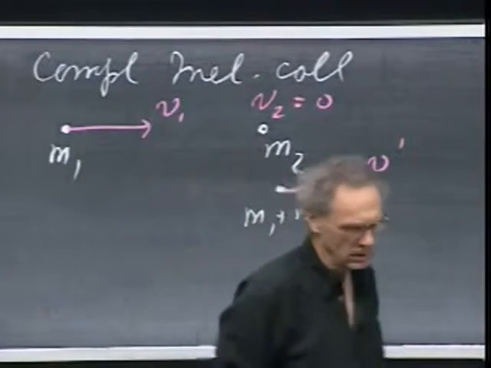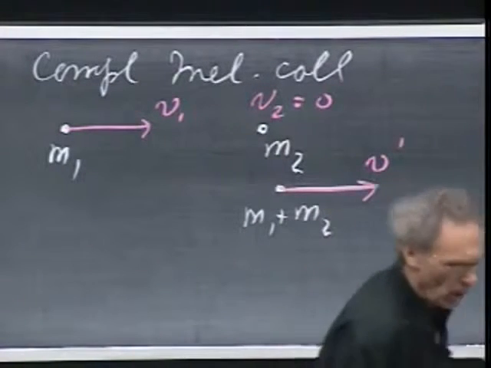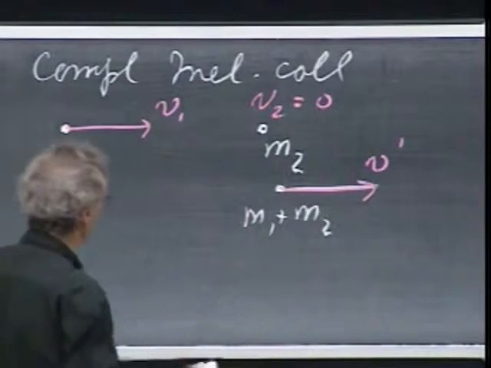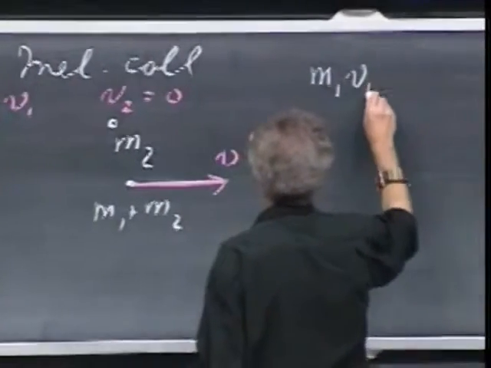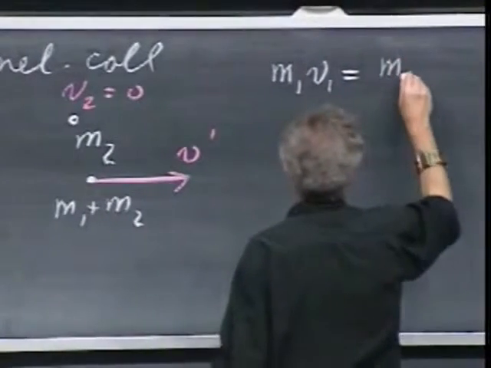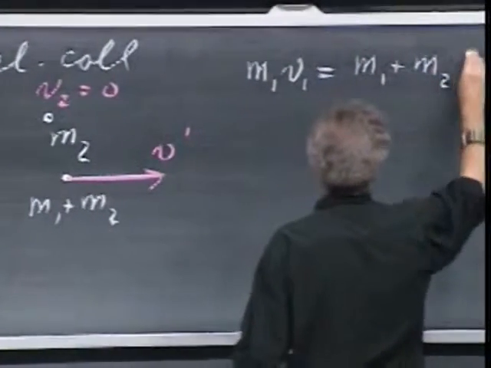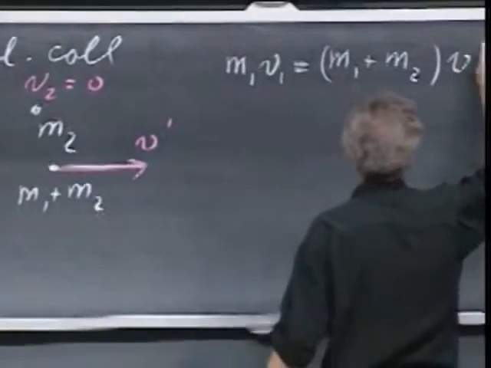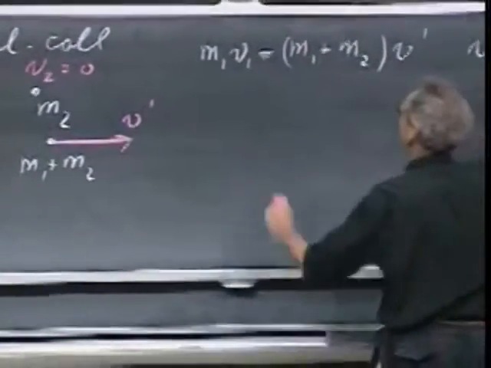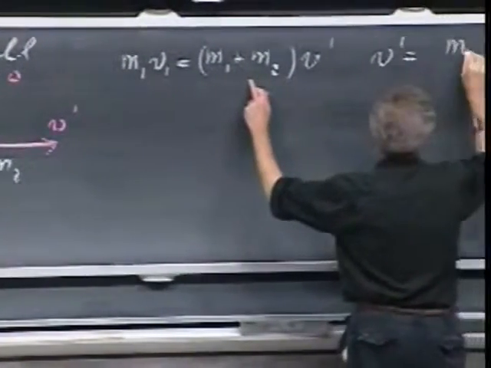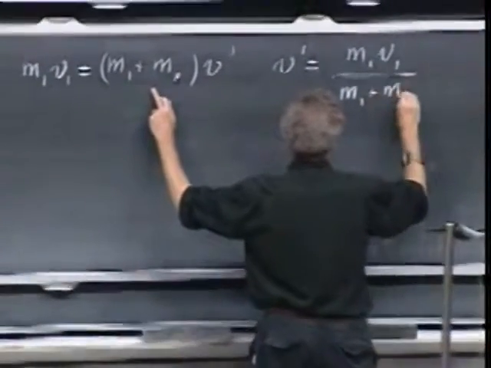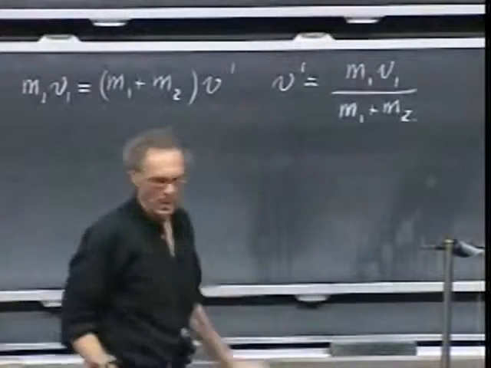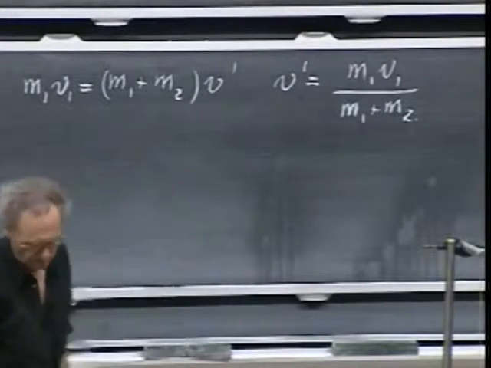That's after the collision. Momentum is conserved if there is no net external force on the system, and so M1 V1 must be M1 plus M2 times V prime, and so V prime equals M1 V1 divided by M1 plus M2. That's a very simple calculation.